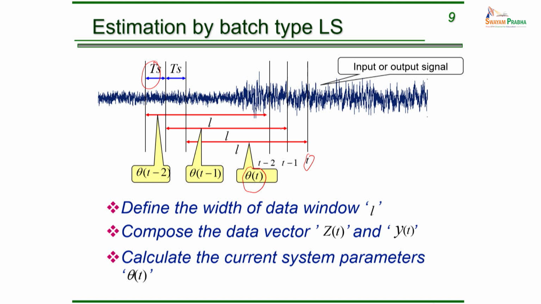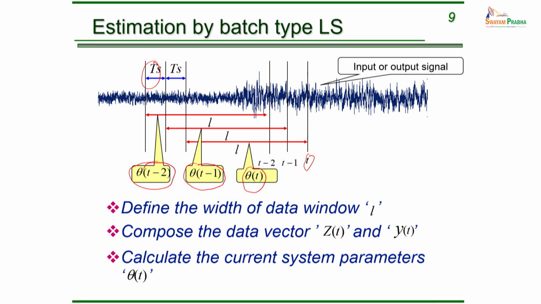At the previous time interval, one would have obtained another estimate that we call theta at time t minus 1. And at the sample period even before that, this is the estimate that you would have obtained.